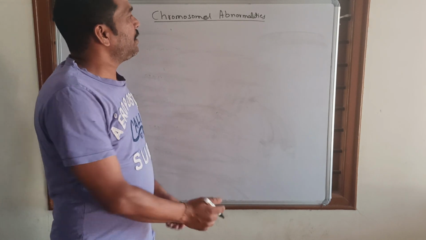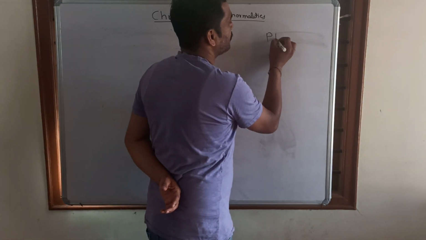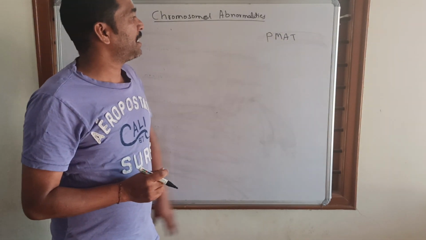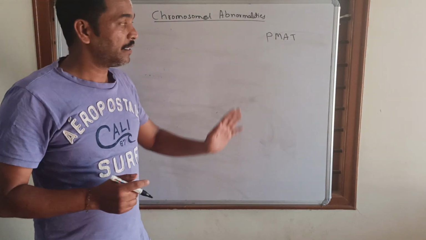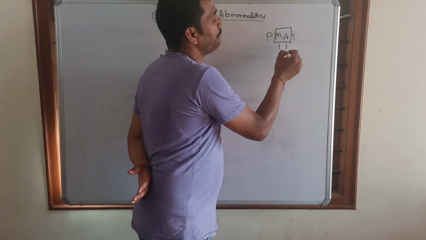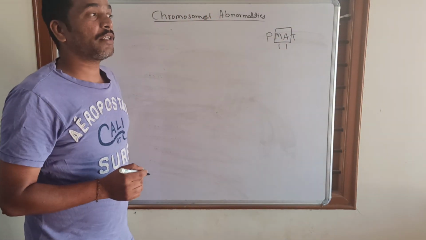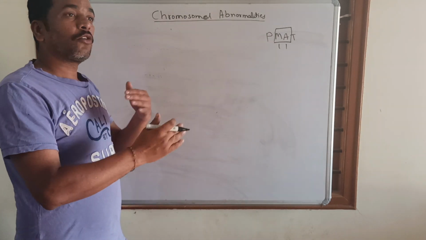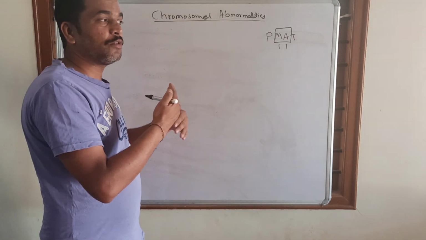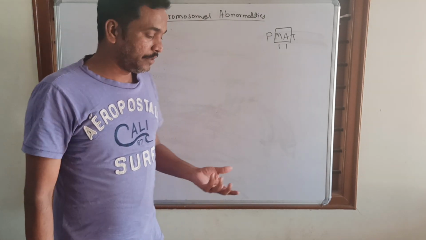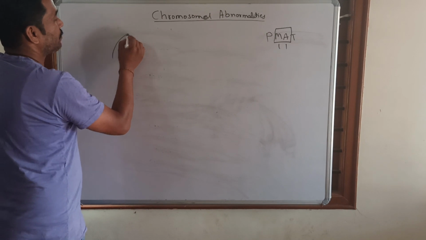They have 4 phases. What are those 4 phases? PMAT: prophase, metaphase, anaphase, and telophase. Metaphase and anaphase are the 2 important steps where the chromosomes divide into 2. So we'll draw these things.